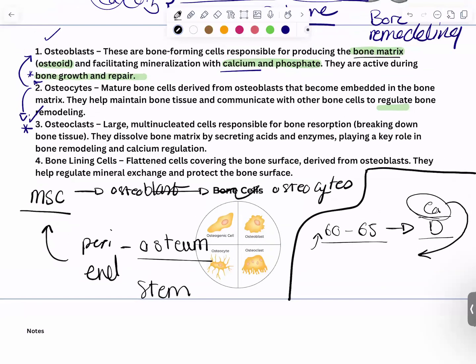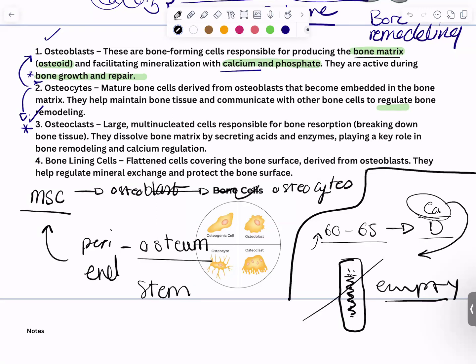We'll take the calcium from the bone, and you know what will happen? Imagine that this is the bone. The structure of the bone will start being empty. And when it's empty, we have spaces. It's not filled, it's not a solid structure anymore. I mean, we have some gap parts, and the chance of breaking is going to be higher.